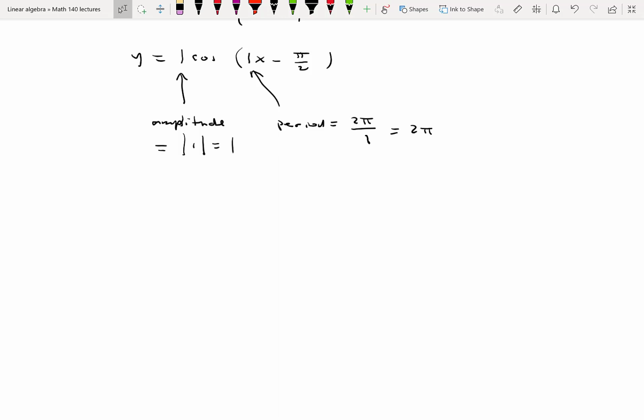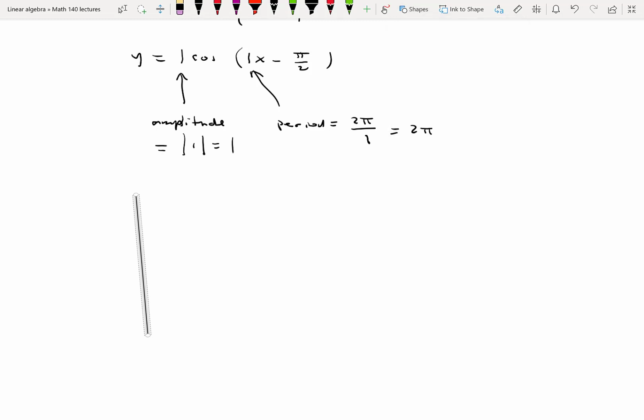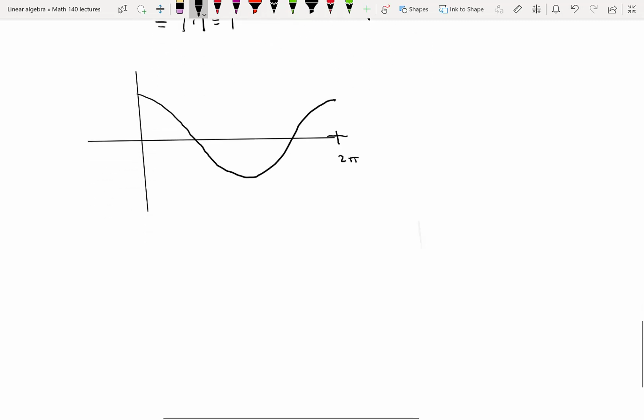I want you to notice something about the graph of the basic cosine function, without any amplitude, period, or phase shift change. So here's a basic graph of one period of y equals cosine x.